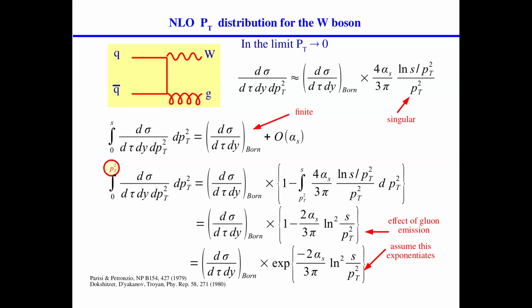And I've just done mathematical manipulation, so you could say you haven't solved the problem because you still have that singularity. When PT goes to zero, I still have a problem. But now I make a great big assumption. I assume that basically this is the effect of a soft gluon emission, an alpha S correction.